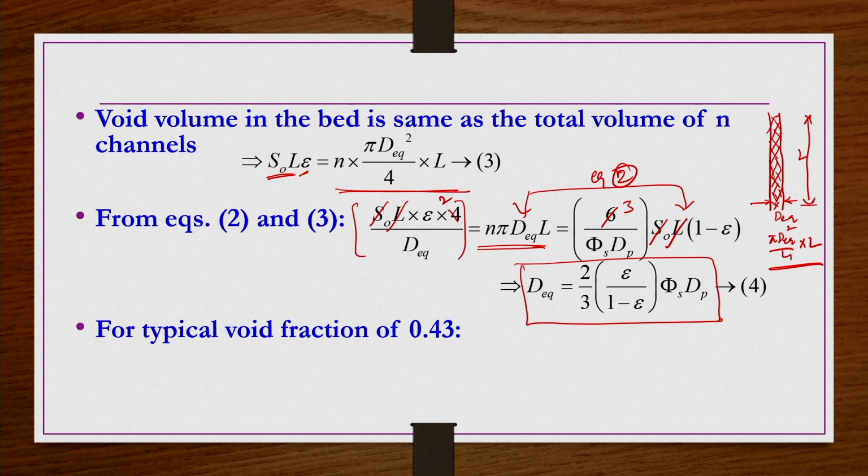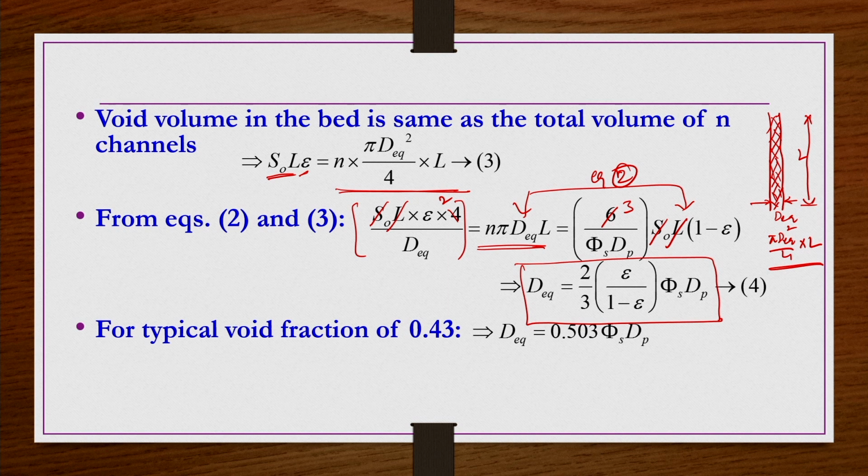If you take 0.43 void fraction, then d equivalent is 0.503 pi s dp. If the packing is done with a spherical particle of diameter dp, then d equivalent is 0.503 dp, because pi s is equal to 1 for a spherical particle.